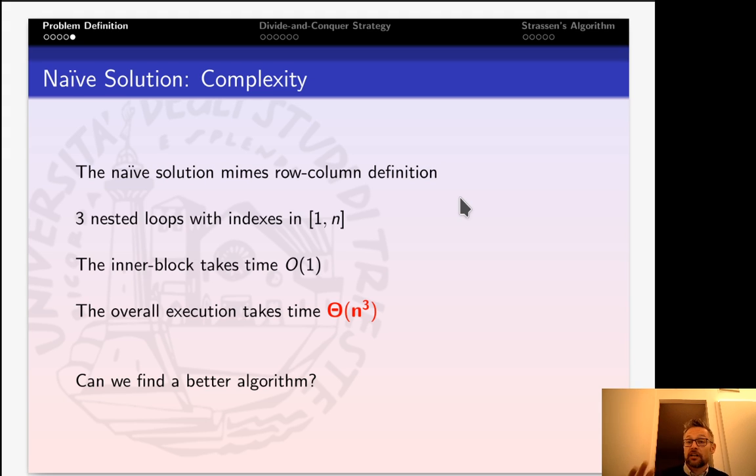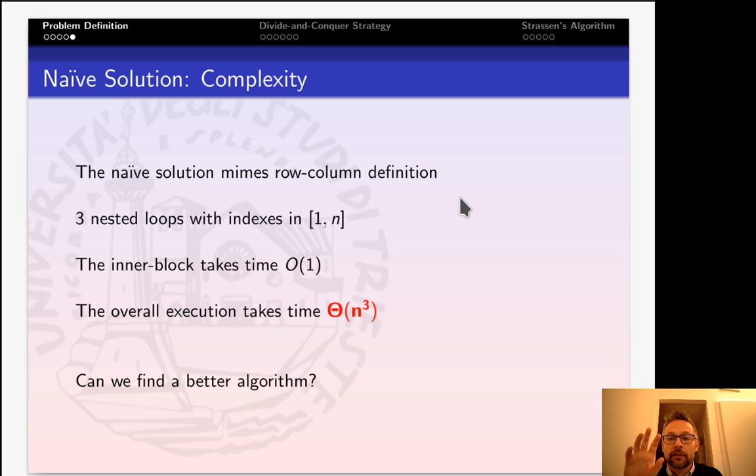So we have an algorithm which is doing precisely what the definition specifies as row column multiplication, and still this is not the best algorithm to perform this operation.